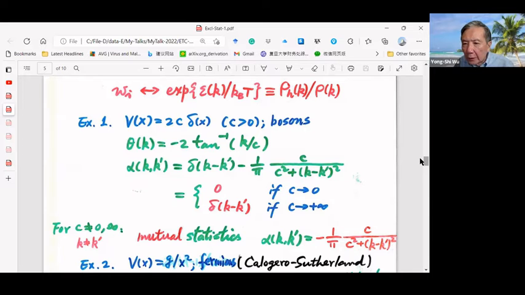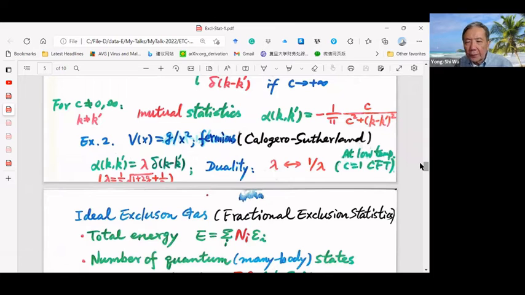When c tends to infinity, we get the second term to be 0, then we get the delta function.